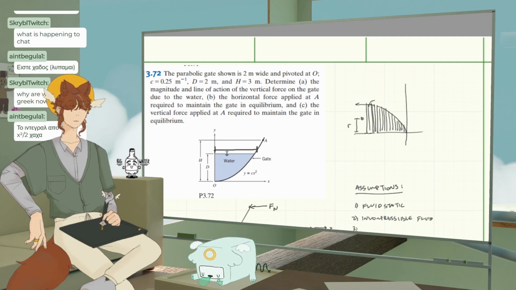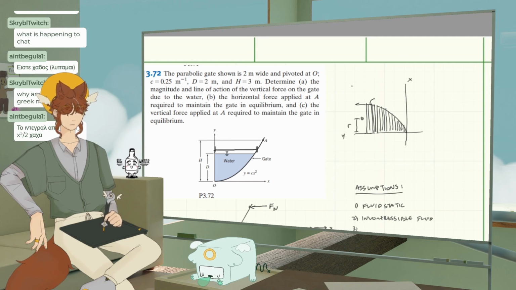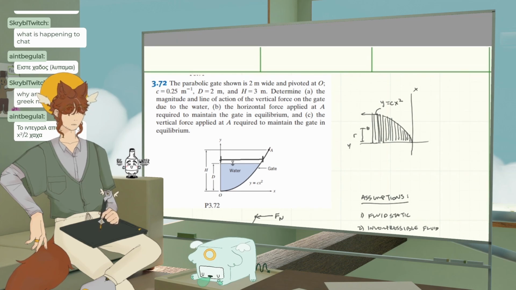The equation of this curve is, so this is our Y and this is our X. The equation of this curve is Y equals CX squared. Right, so there's no issues with that.